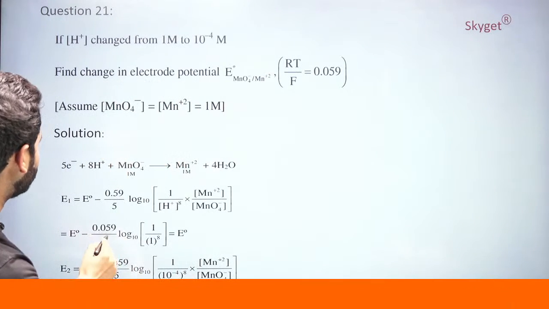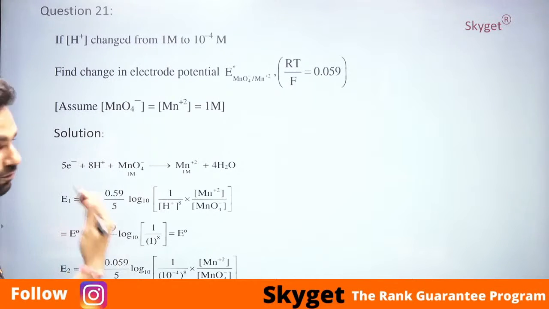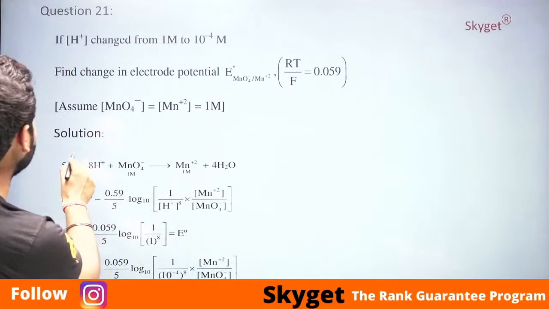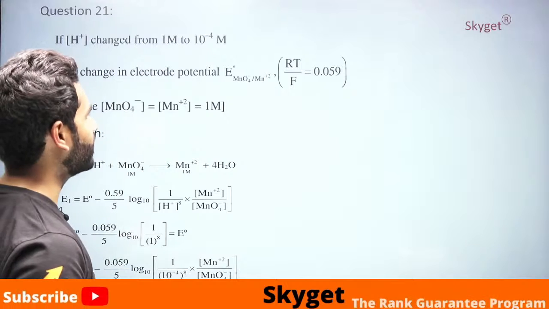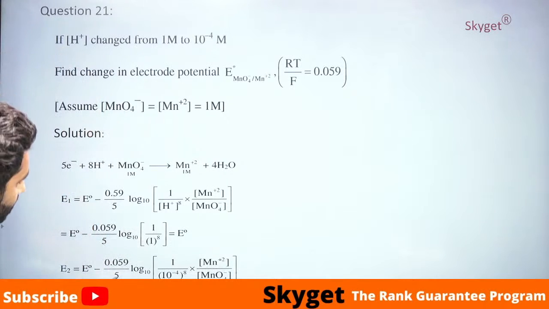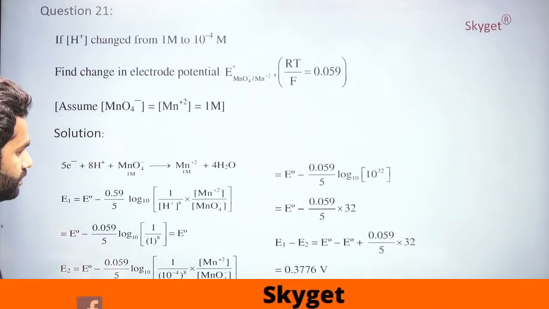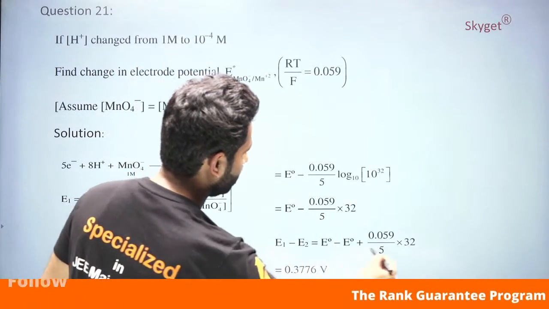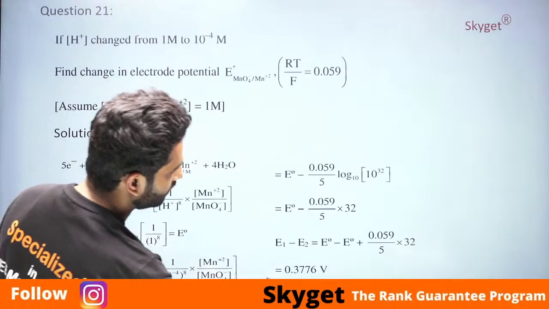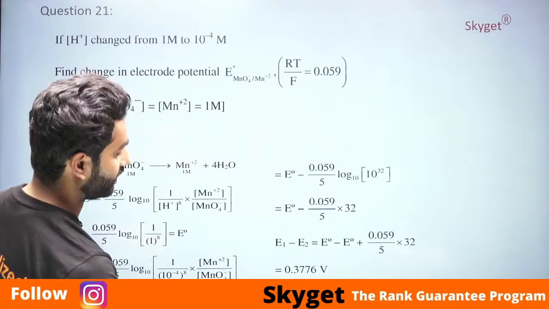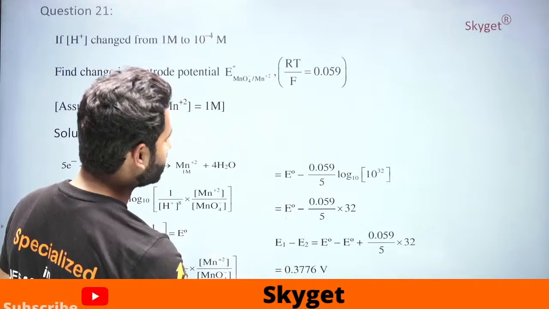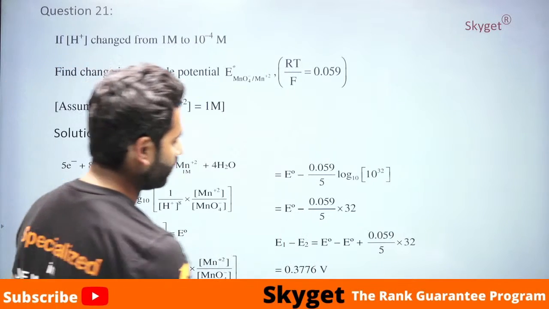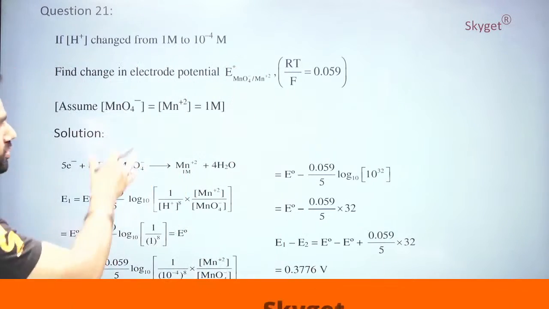N we have discussed, right? N is 5, the number of electrons taking part in the reaction. Apply the same formula the same way and you will get the answer, that is 0.3776. Okay, this is the answer for this question.